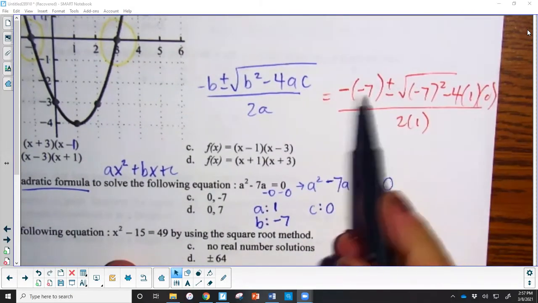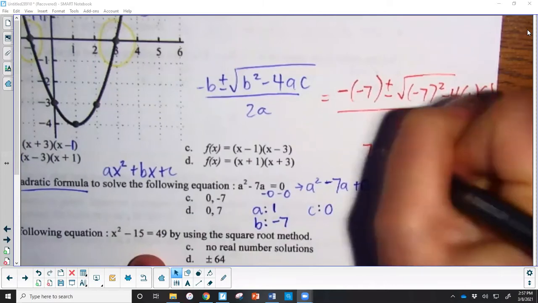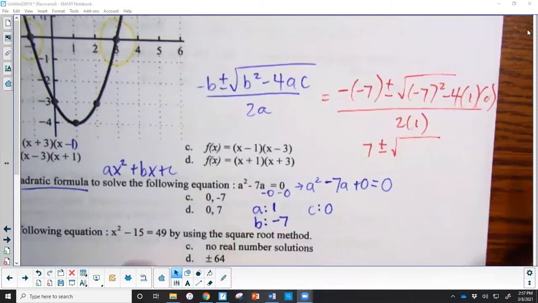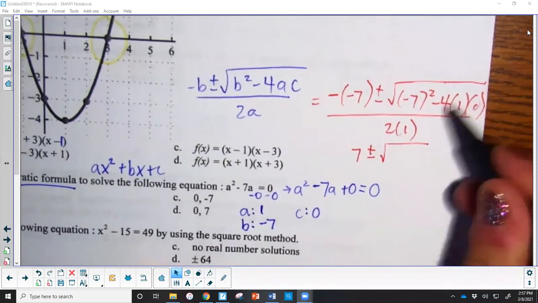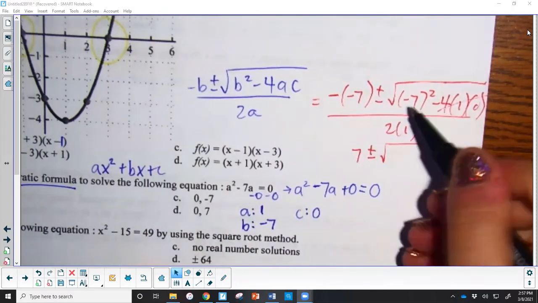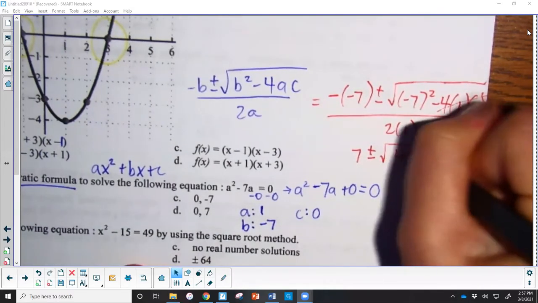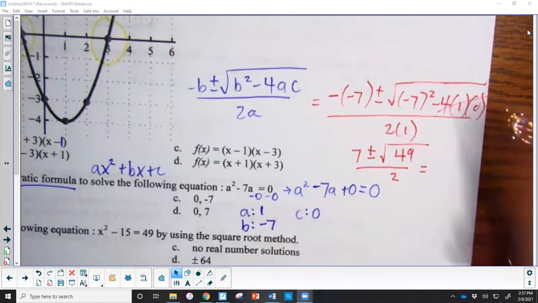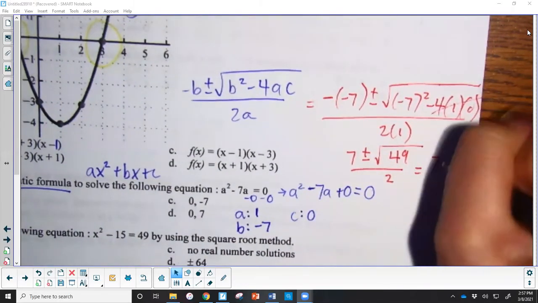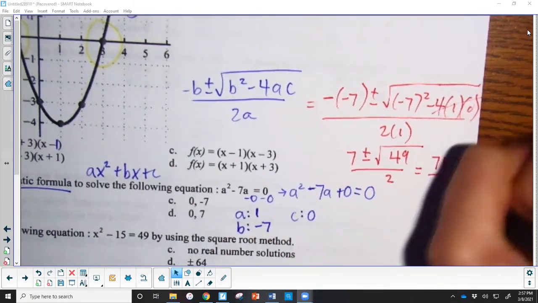So two negatives next to each other become positive, so 7 plus or minus. Now, anything times 0, you guys, is just always going to be 0, so that goes away. So negative 7 squared is just 49, divided by 2.